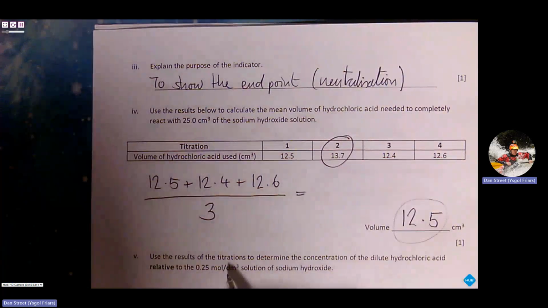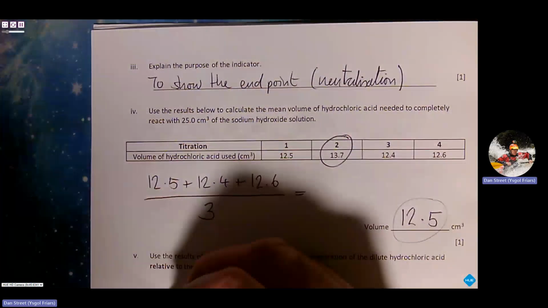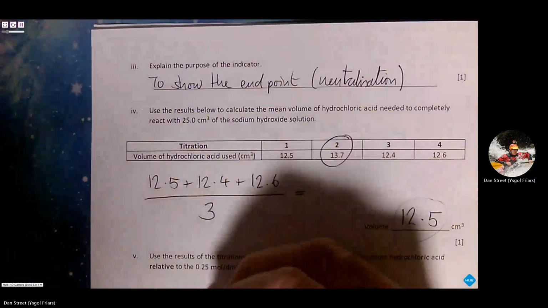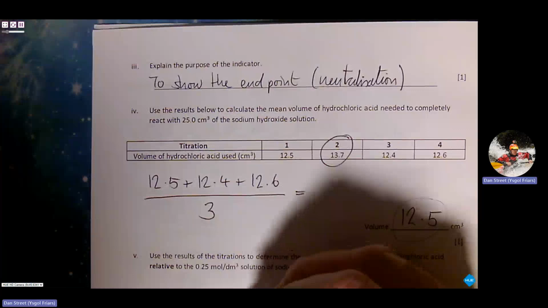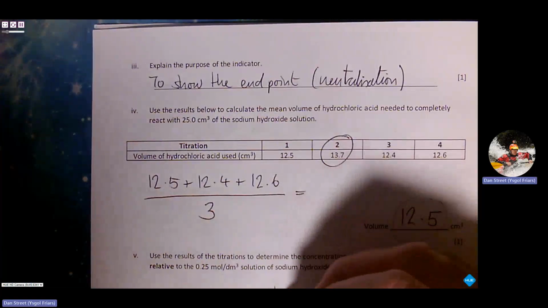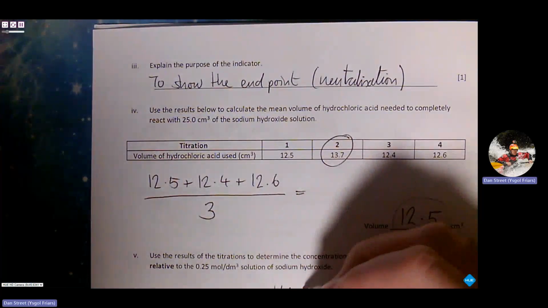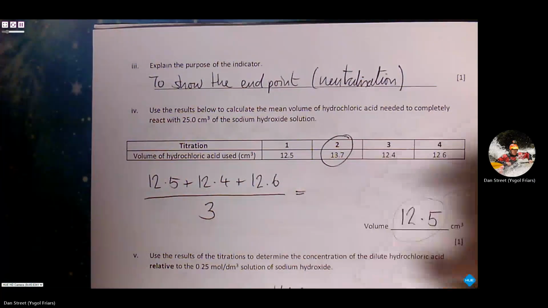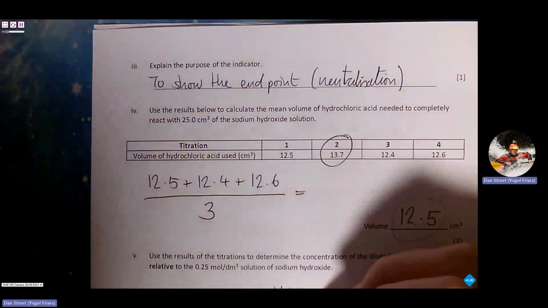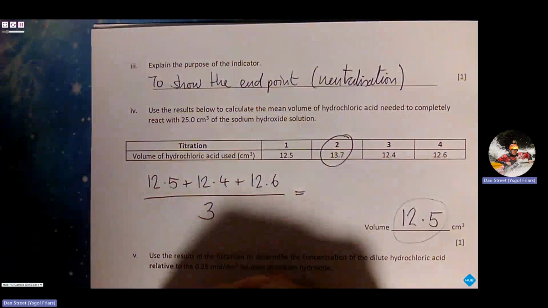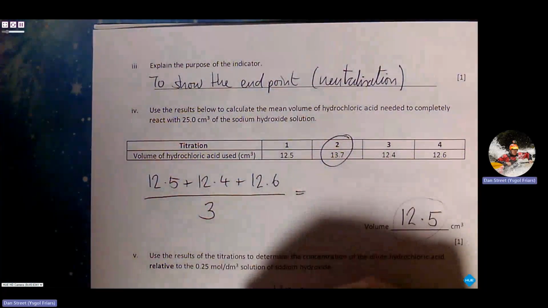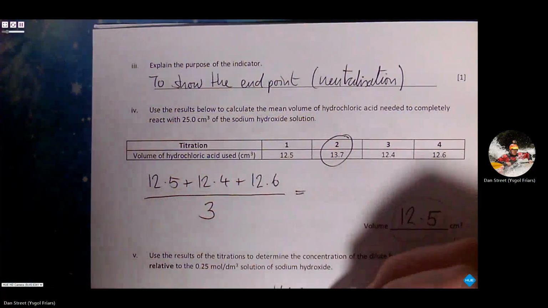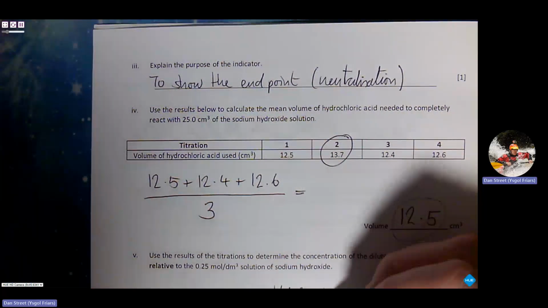Okay, so we used 25 centimeters cubed of 0.25 moles per decimeter cubed sodium hydroxide, and that was neutralized by 12.5 centimeters cubed of, we don't know what that value is at the moment. Let's just put NaOH.